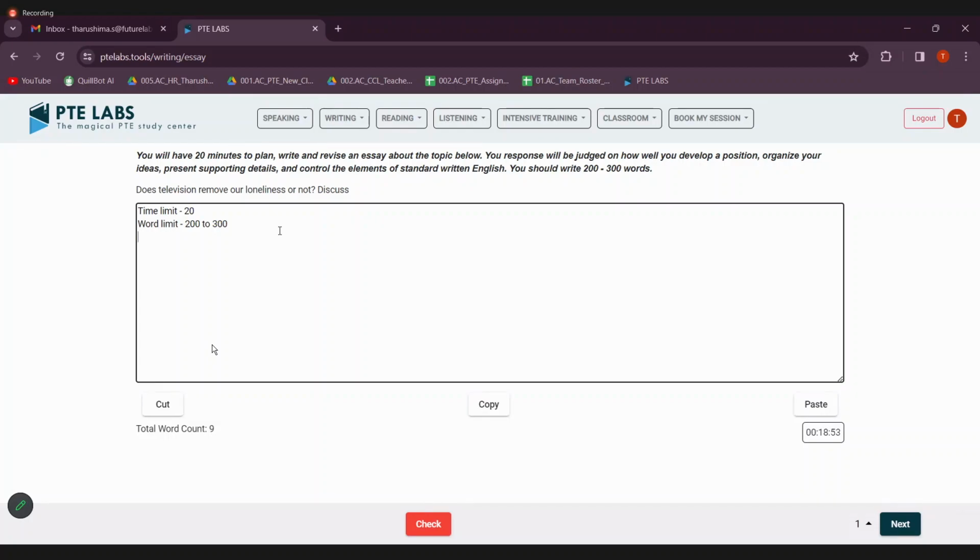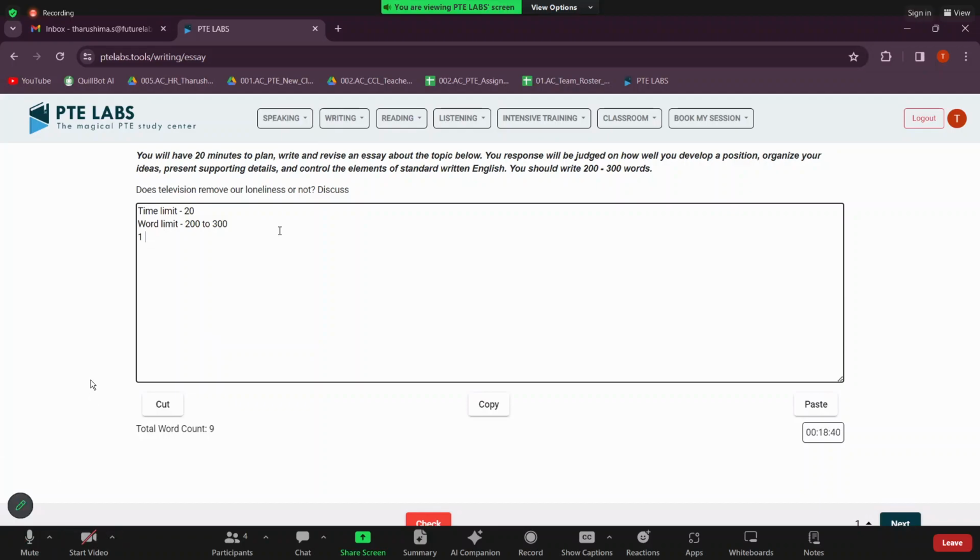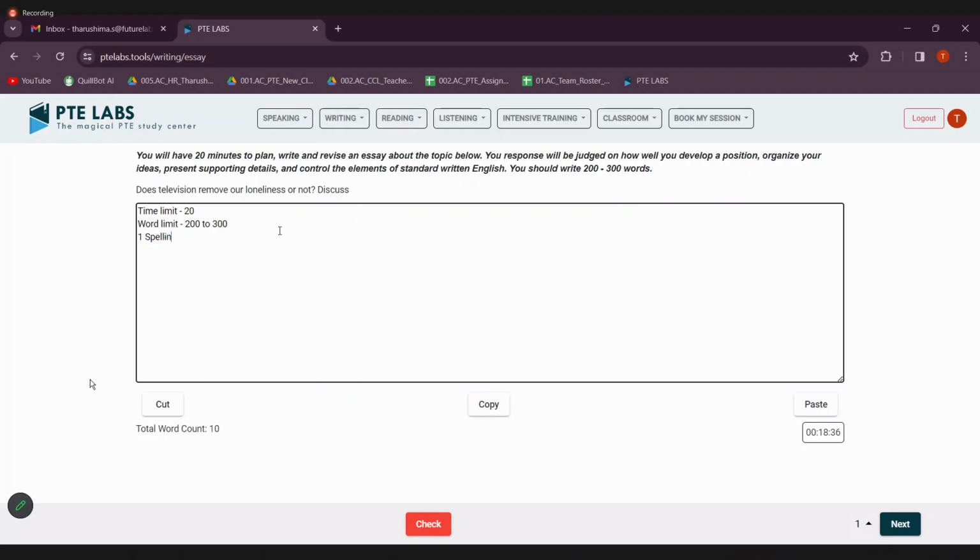So when it comes to marking, we know we have 4 points. Can you remember? What's the first one? Yes, very good. Spelling. Then what's next? Yes, very good.